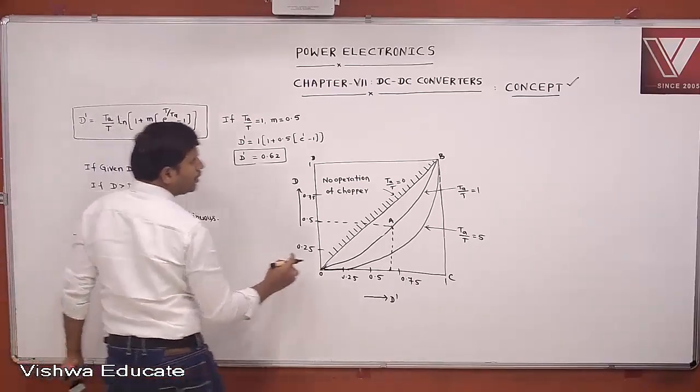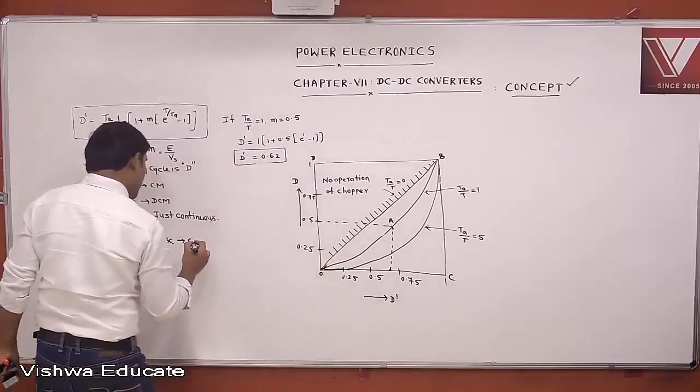This region, the OAB region and the OBC region, gives the continuous mode.